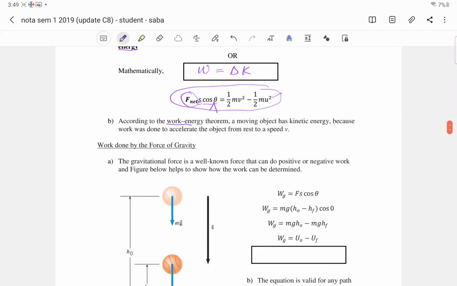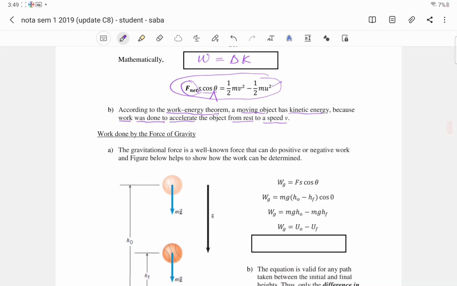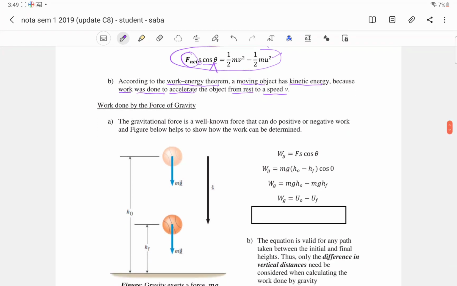According to the work energy theorem, a moving object has kinetic energy because work was done to accelerate the object from rest to a speed of v. Alright, so we go to the work done by the force of gravity, or we can write it as Wg.